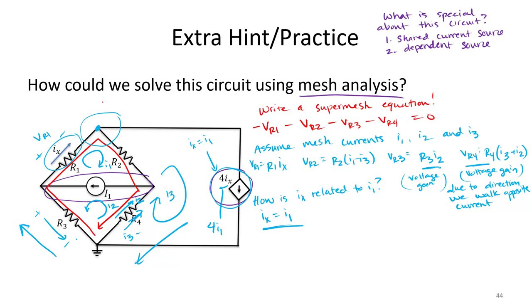For example, consider this top node up here. I'll call it node 1. I have I1 or Ix entering. I have 4I1 leaving. And I also have I3 entering based on my convention.